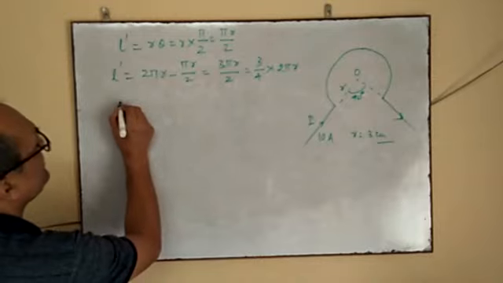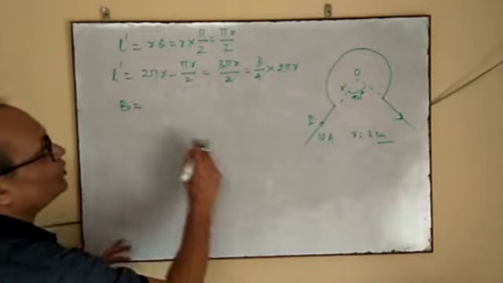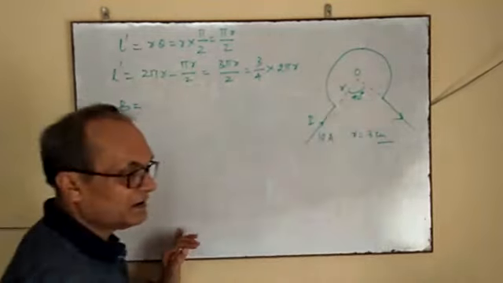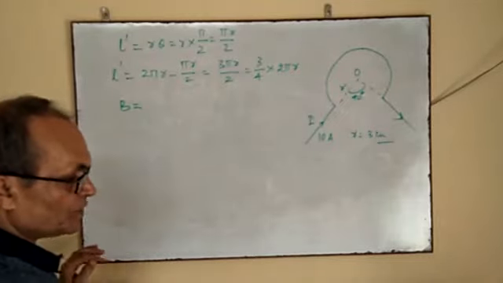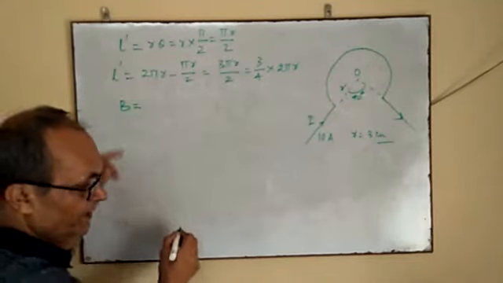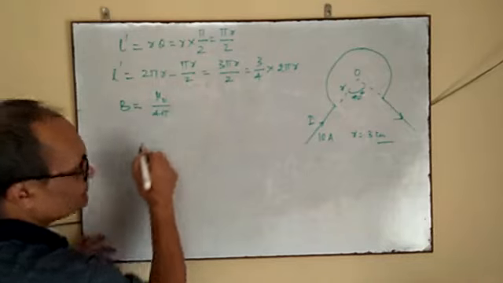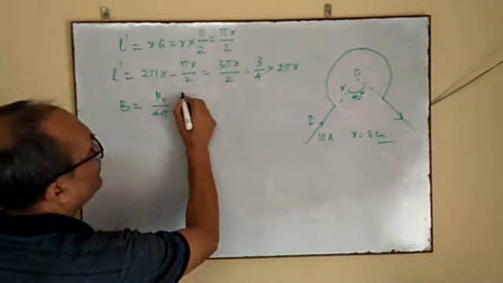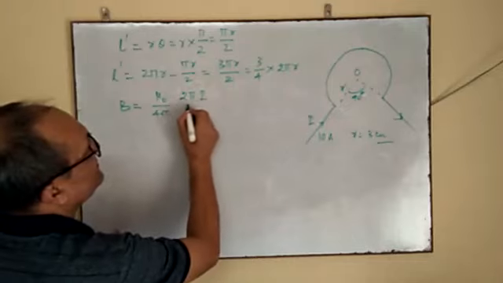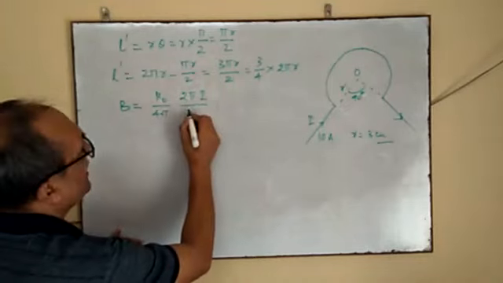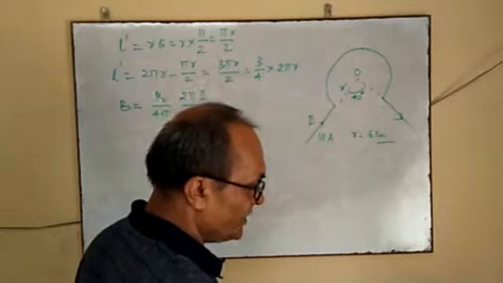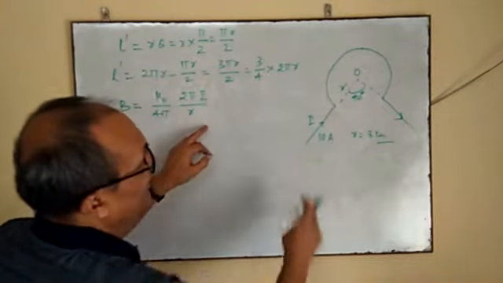Now the magnetic field due to the whole circular wire or coil will be equal to B. This is mu naught by 4 pi, 2 pi I by its radius R. So now we are going to find out the value of this one.